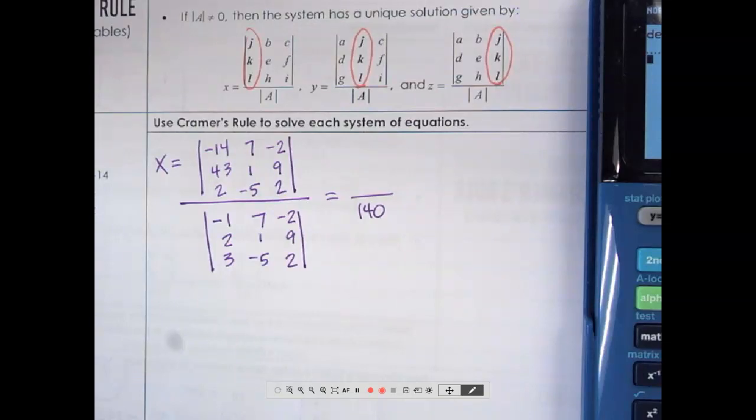What do you do after you put it in? Okay. Quit. Go back to matrix. Over to math. DET stands for determinant. And then you have to tell it which one. Go back to matrix. Did you call it A?